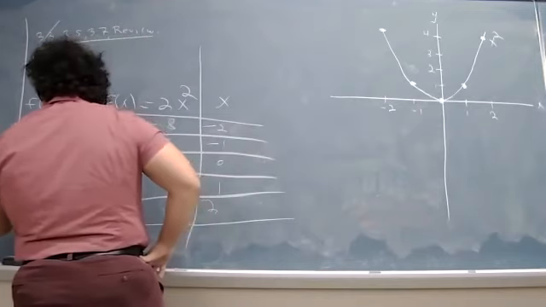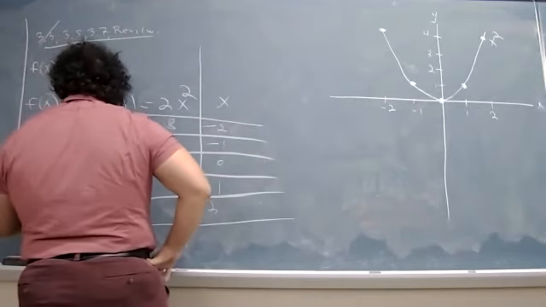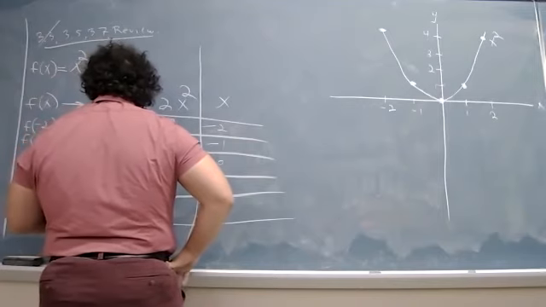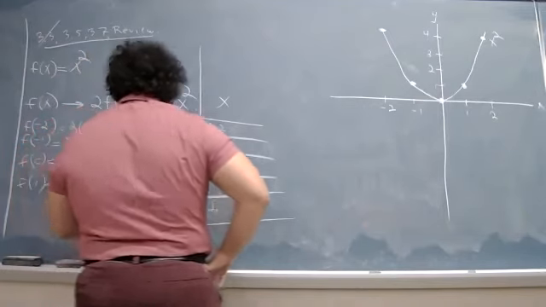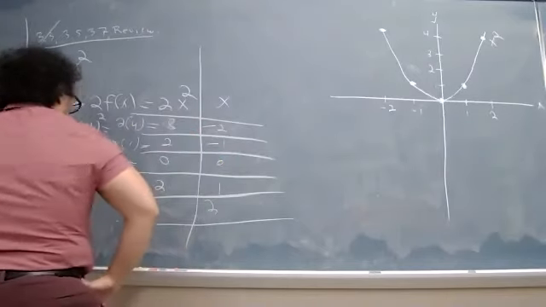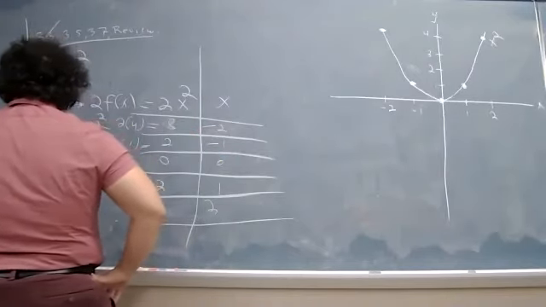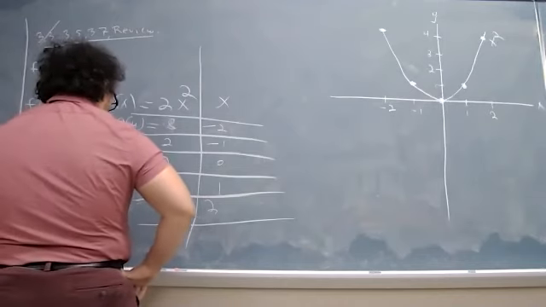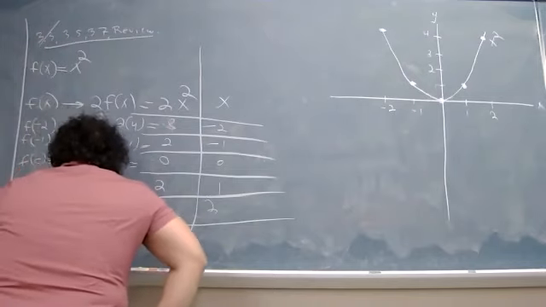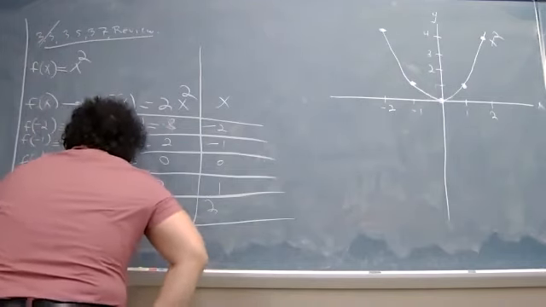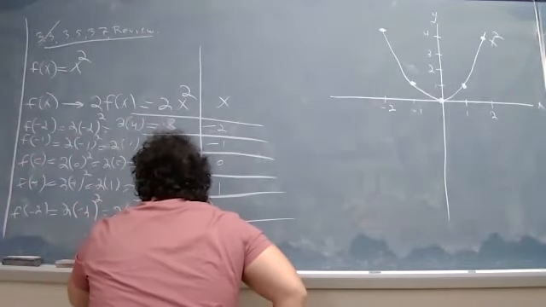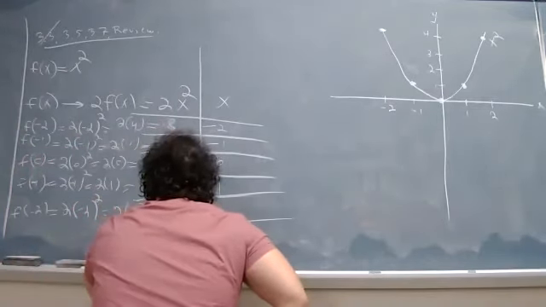What is f of 1? That's just 2 times 1 squared, which is equal to 2 times 1, which is just 2. And last but not least, what is f of 2? It should say 2 actually right here, but the result is the same. 2 times 2 squared becomes 2 times 4, which becomes 8.